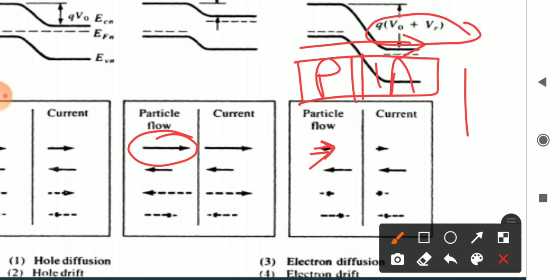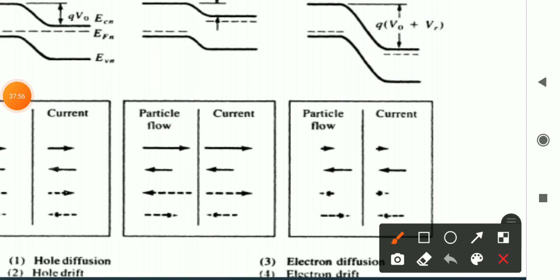The width in the beginning case was only W. Here the depletion region is widened in the reverse bias. So it requires a more amount of energy to cross that depletion region. That's why the current is less. Similarly, the current direction arrow is also small, because hole diffusion current direction is exactly the same. So it will also be small.